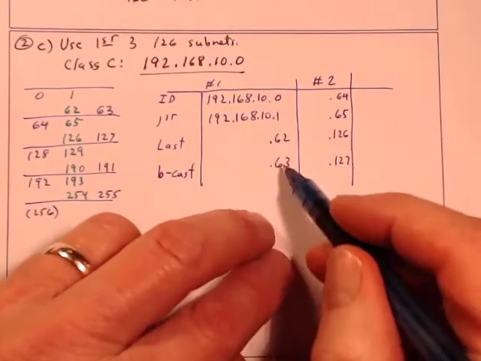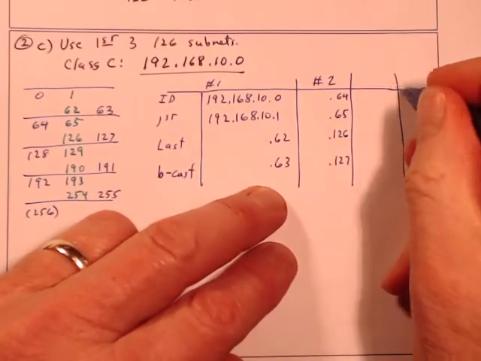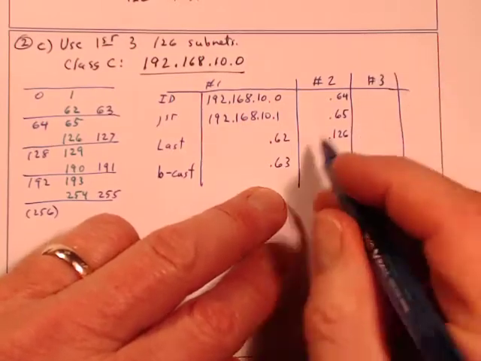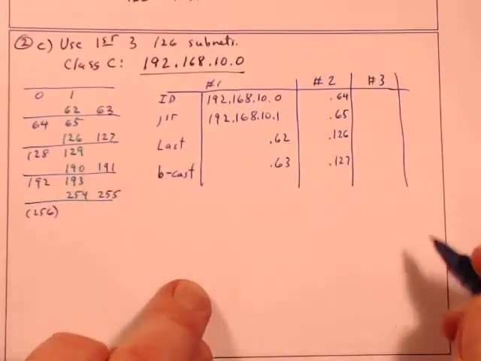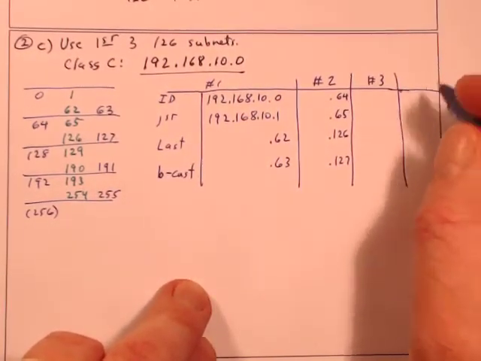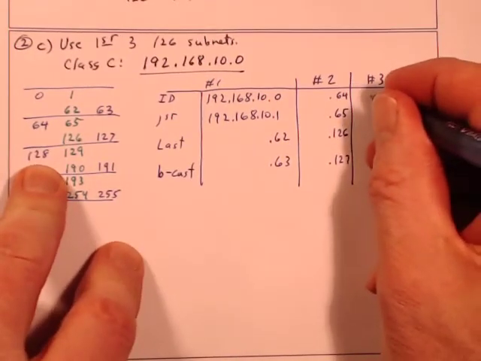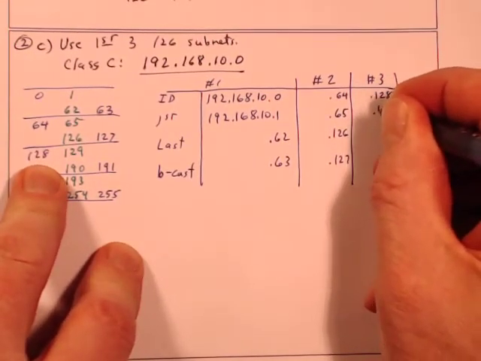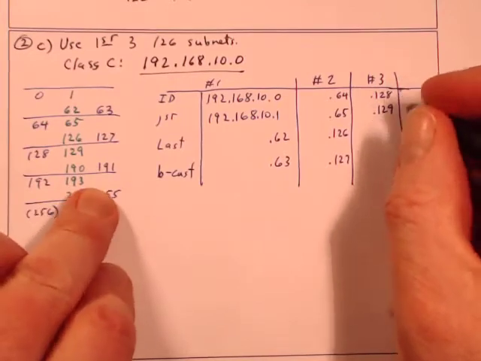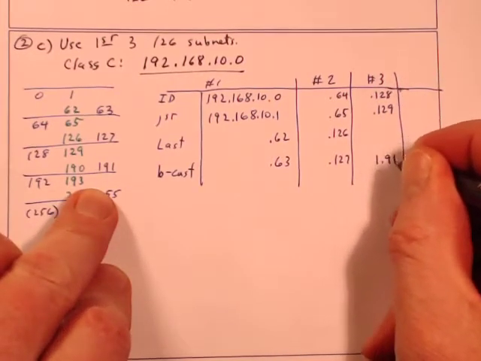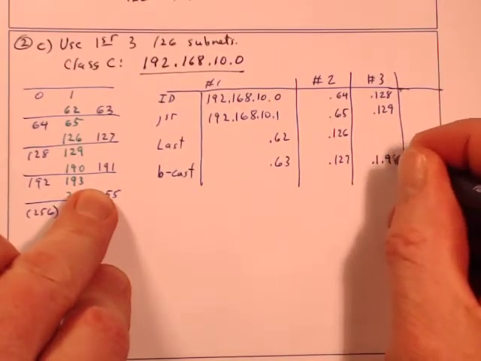Maybe it's just as easy to fill in these numbers in this chart as it was to fill those same numbers in over here. And then for number 3, we're going to go to .128, .129, and .190 and .191.